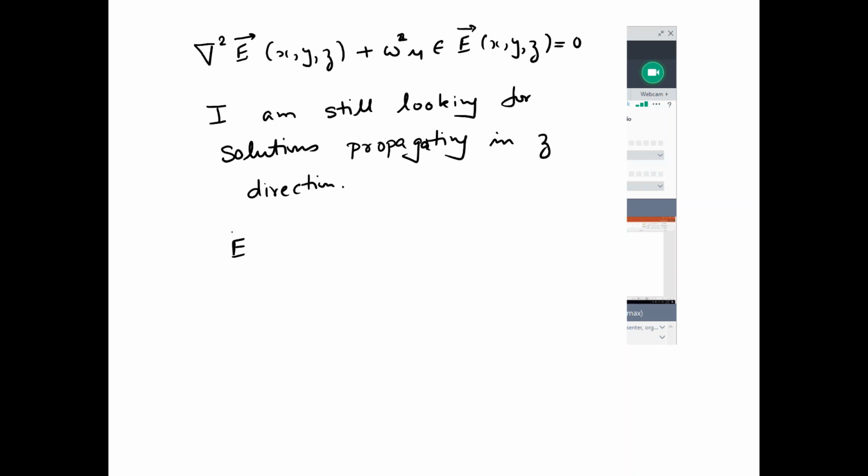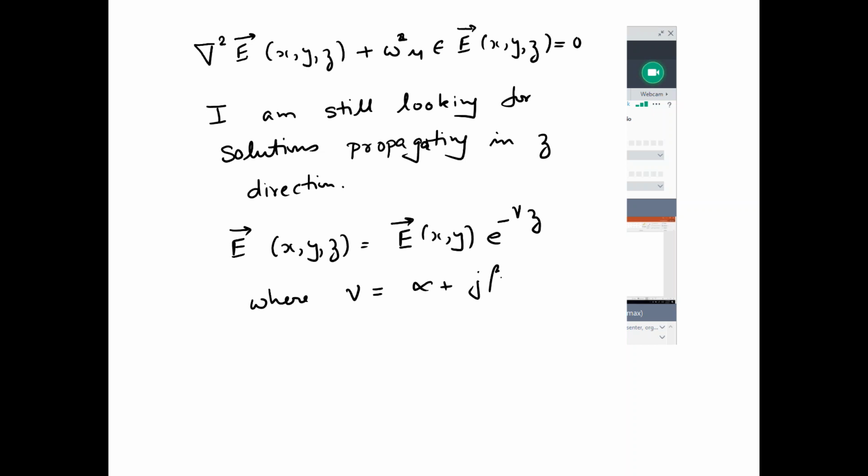So I'm looking for solutions of the form E(x,y,z) going as e to the minus gamma z, where gamma is alpha plus j beta. If I substitute it, I get E(x,y,z) is E(x,y) e to the minus alpha z e to the minus j beta z.